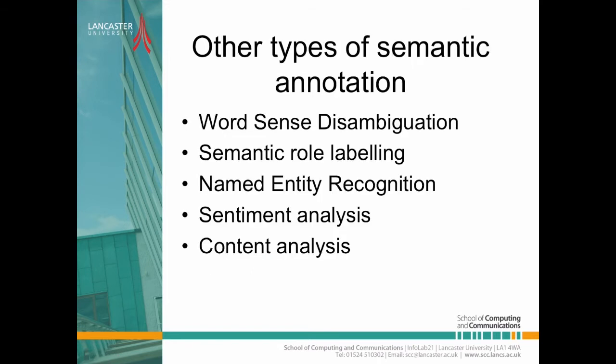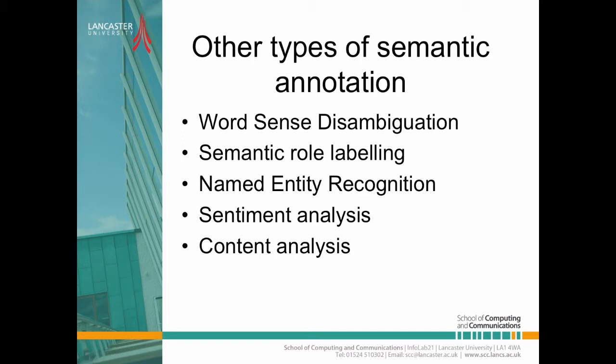I need to help you understand a little more about our version of semantic annotation by distinguishing it from other types of semantic annotation that you might have heard of or can search for. In computational linguistics or natural language processing, one well-known version is called word sense disambiguation.